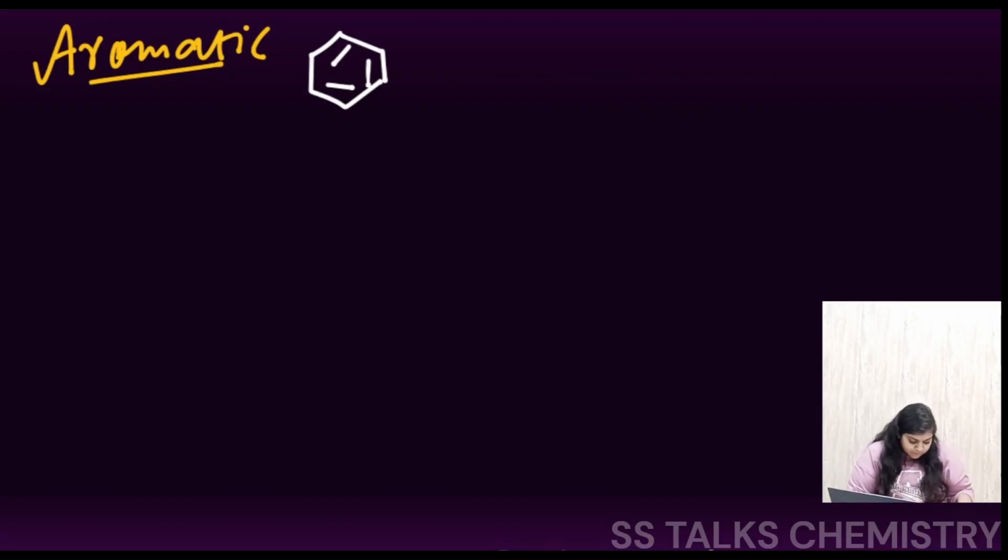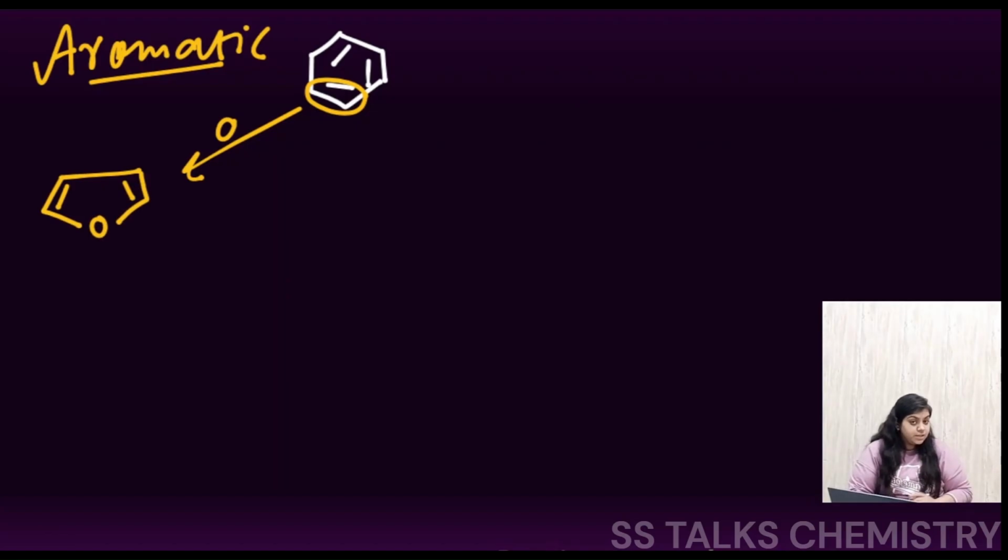Now from this, suppose I replace two of the carbon atoms with oxygen, then a five-membered ring is formed, right? Here the rest of the bonds remain intact. So this is known as your furan.